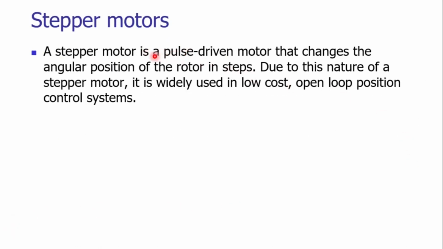As the stepper motor is a pulse driven motor, it is widely used in the automation industry because we have seen its prominent advantages: it can be considered as the position sensor as well. Based upon the number of pulses that we have sent to the motor, we can easily find out how much is the rotation.